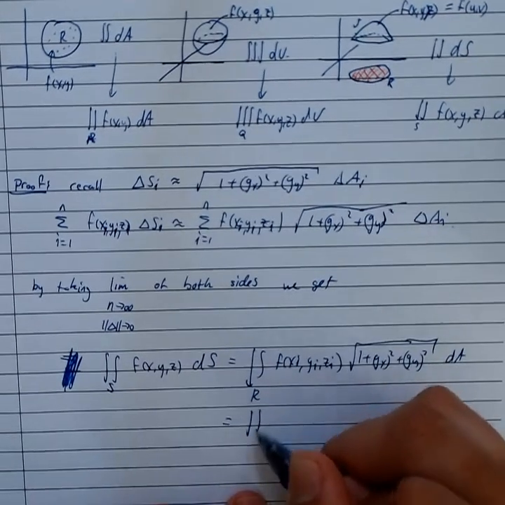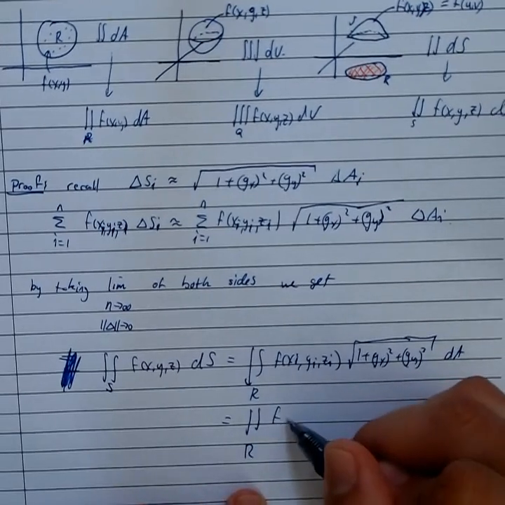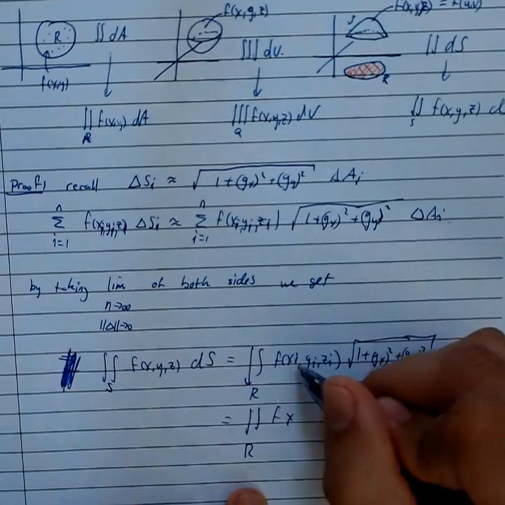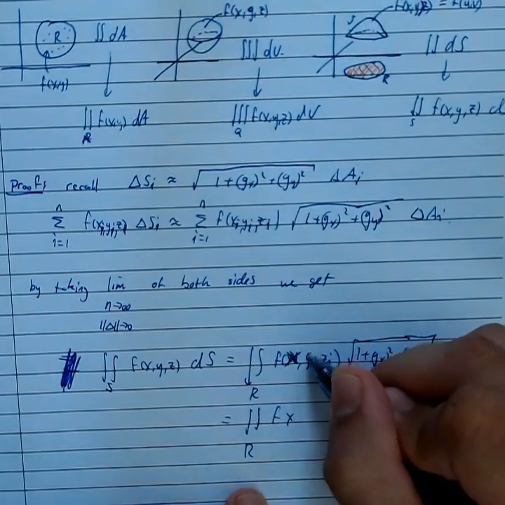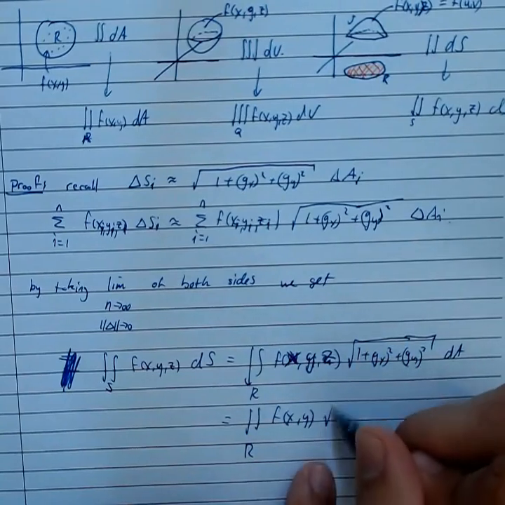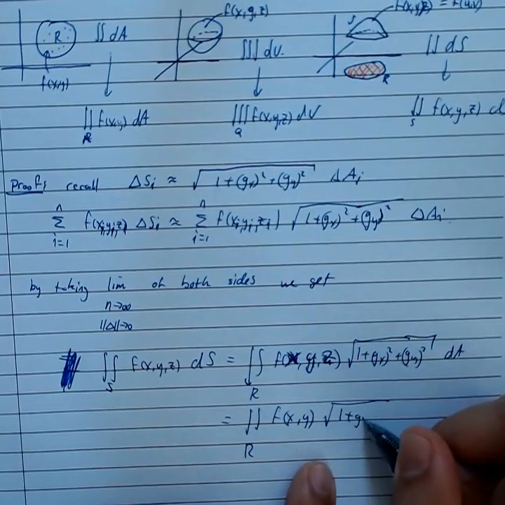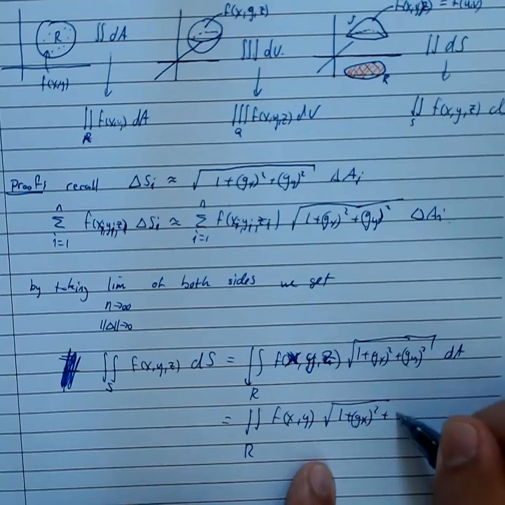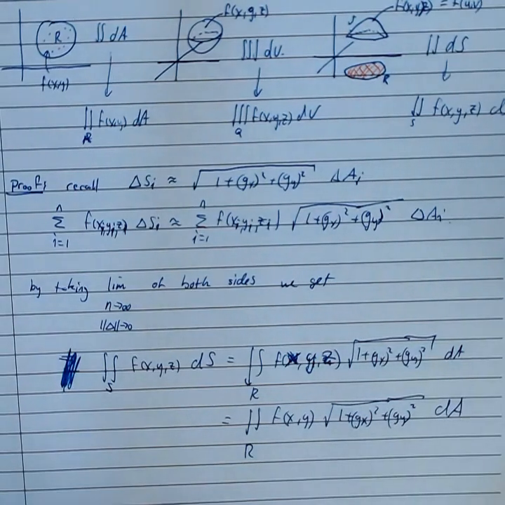So here we can write this as the double integral over R of F of X, Y, I don't need sub I anymore, I've already taken the limit. So this would be F of X comma Y times the square root of 1 plus G sub X squared plus G sub Y squared dA.